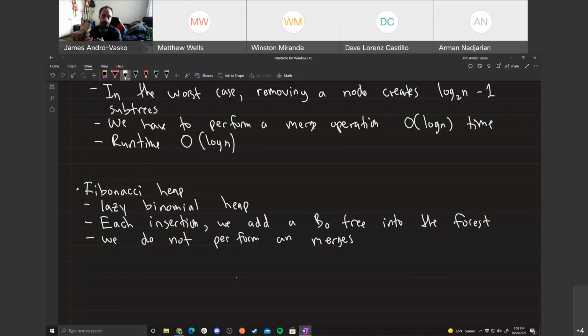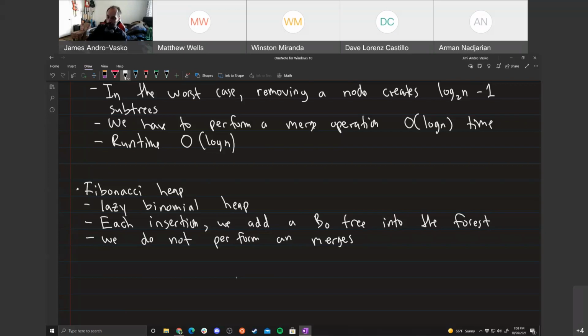So there could be several B0 trees in a Fibonacci heap. Every insertion would just be, we insert it, and don't even worry about doing any merge. Just stick it into our forest, and that's it. It's a pretty complicated structure because of this, but we essentially just insert it, and that's it.